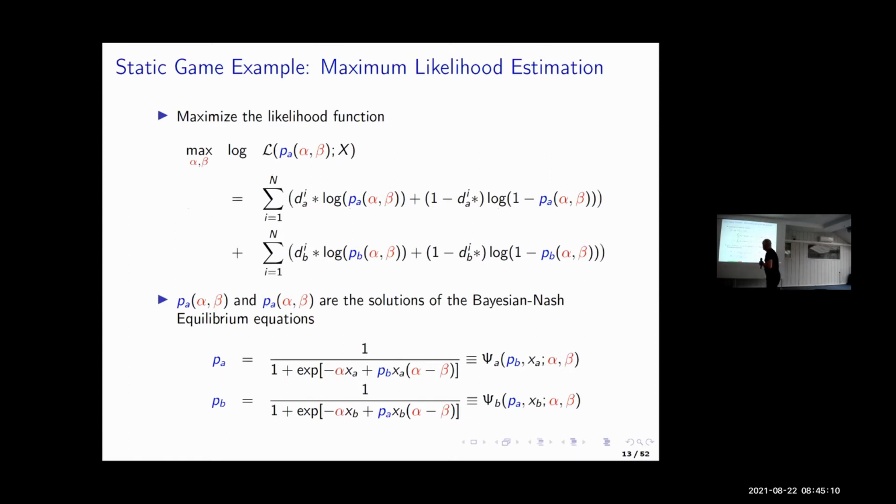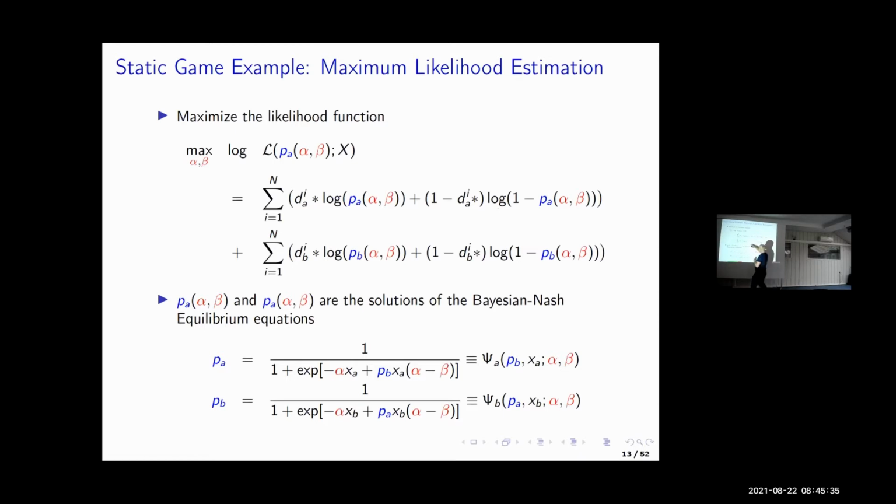We can do that, right? Because we know what the best responses or the choice probabilities of these firms are. These are functions of these structural parameters. You change the structural parameters, alpha and beta, and then the equilibrium is going to change, right?